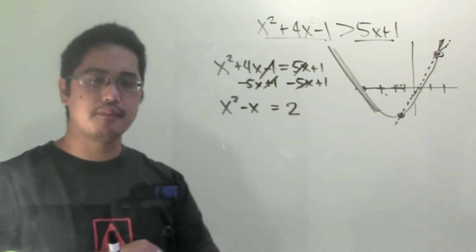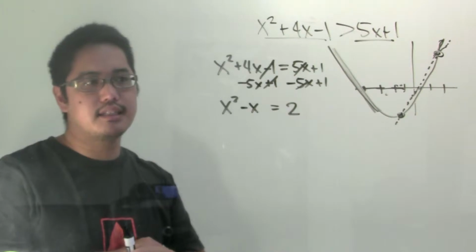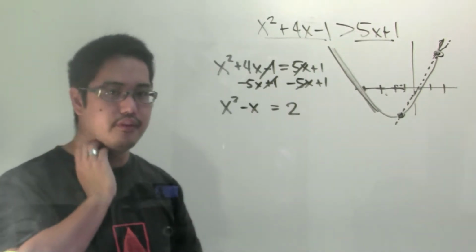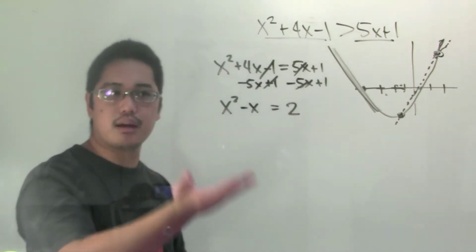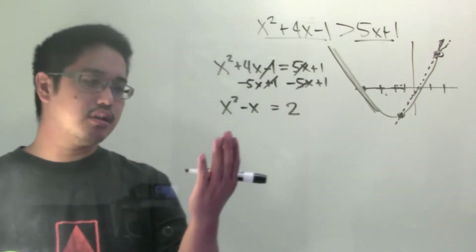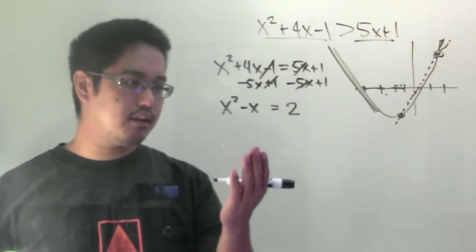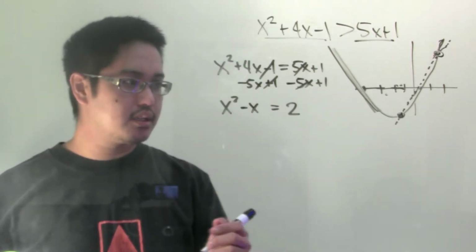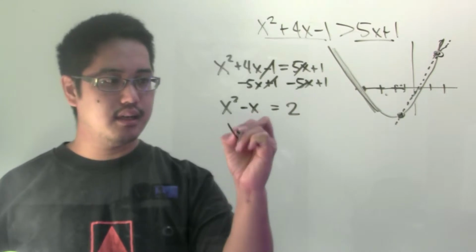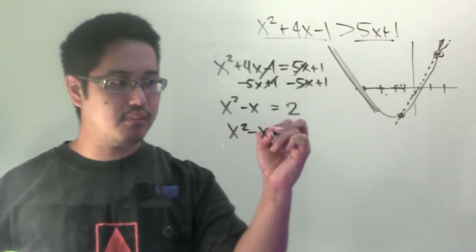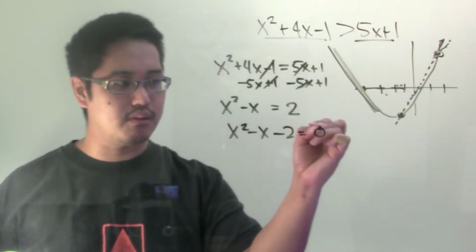Now here's the problem: I can't get x all by itself. Because this is a parabola we're dealing with, there is no getting x all by itself. So here's what we need to do. Why don't we just take everything over to the left-hand side? So we have x squared minus x minus 2 is equal to 0.